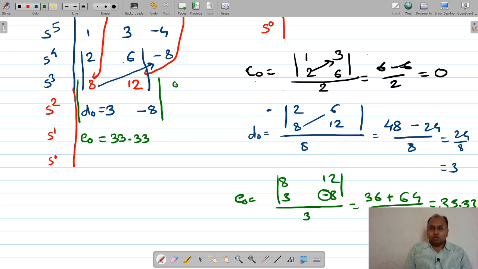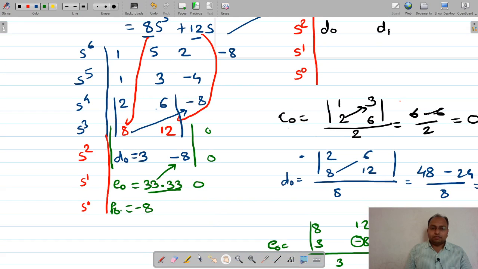Okay, as there are no values over here, so it is going to become 0. And lastly, let us compute this f0. F0 will be this multiplied with this divided by 33.33. So it is coming as definitely minus 8. Okay, so remember that.